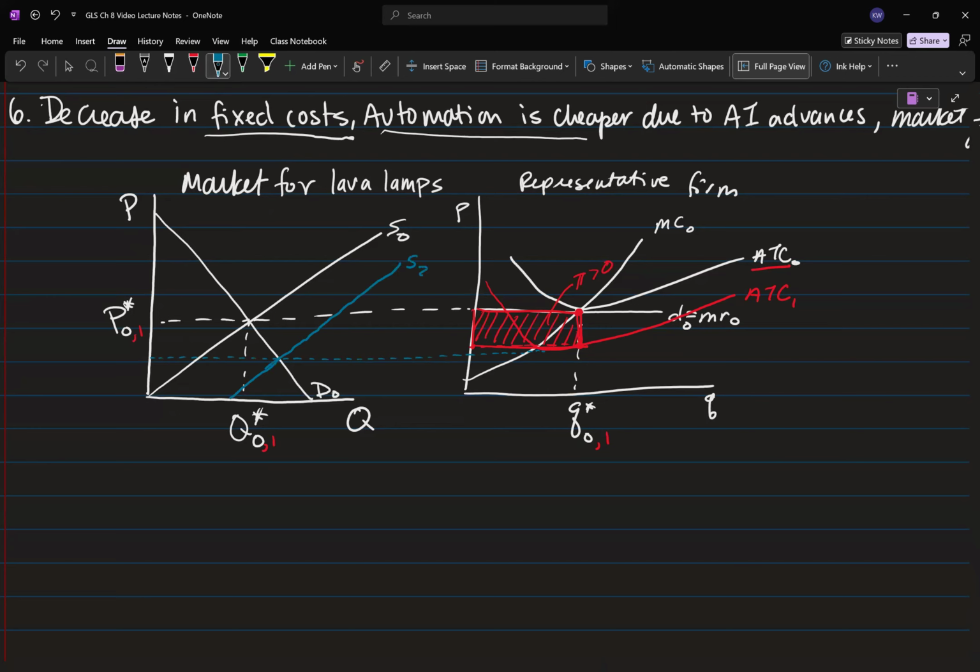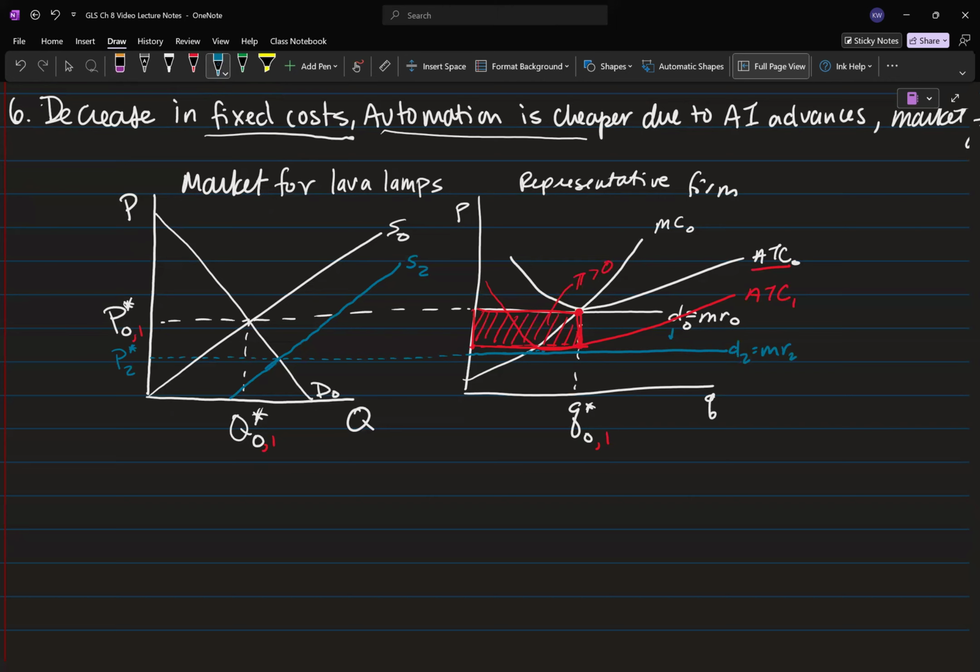That's going to cause the supply curve to shift down and to the right. As a result, the price for lava lamps is pushed down. This fall in the price of lava lamps pushes down the firm's demand curve. It tracks exactly what the market price is.